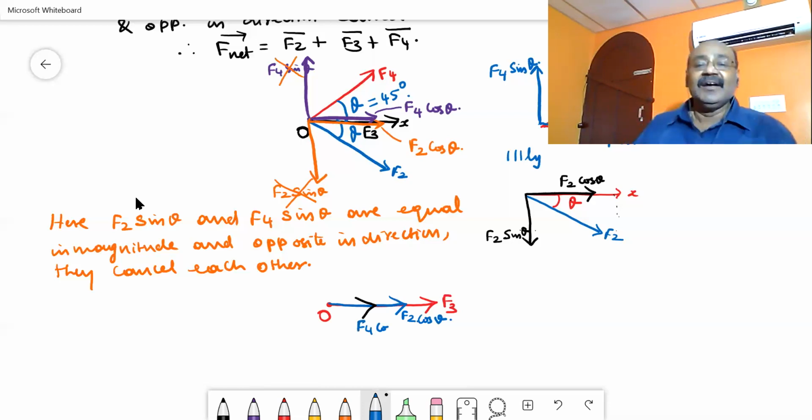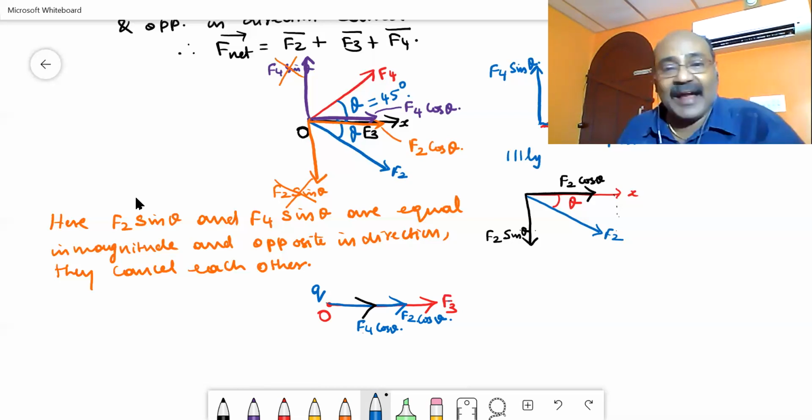Isn't it? So on point O, where you are having the small charge Q, on that charge, you are having F3, F2 cos theta and F4 cos theta acting along the same line.